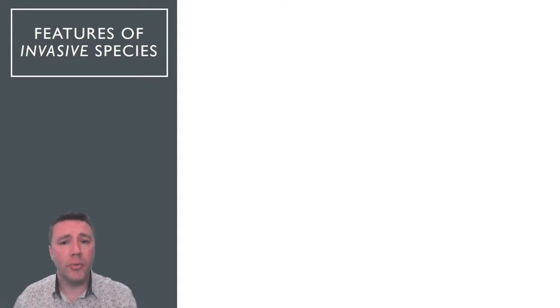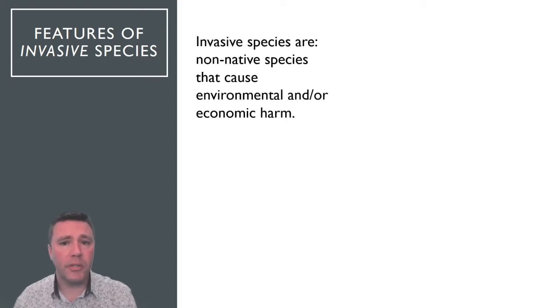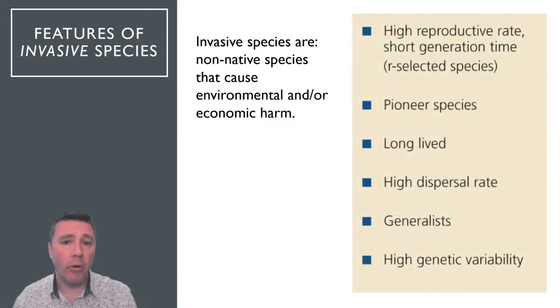Not all introduced non-native species are considered invasive, but there are some characteristics of non-native species that make them more likely to become invasive, resulting in environmental and economic harm. This bullet list here outlines some of those features. Most invasive species tend to reproduce very, very quickly.